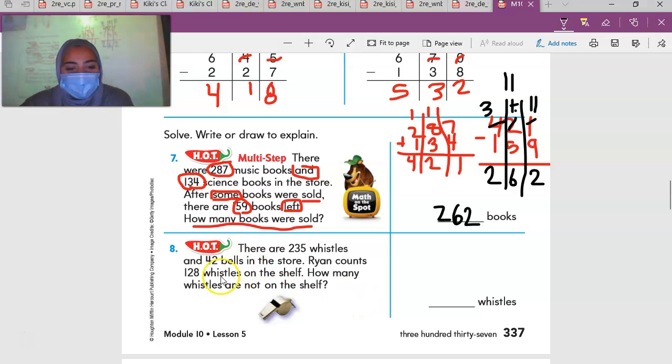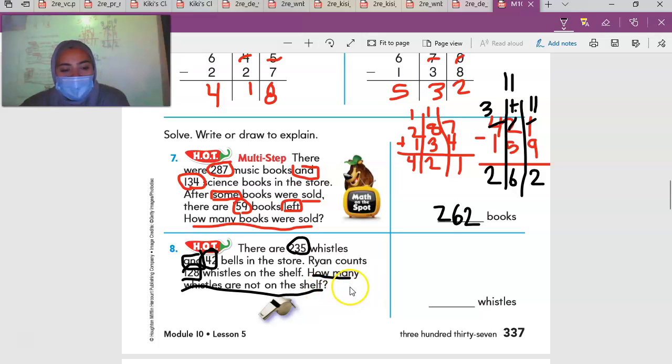Okay, let's keep going. Number 8. There are 235 whistles and 42 bells in the store. Ryan counts 128 whistles on the shelf. How many whistles are not on the shelf? Okay. Are they asking us about bells?